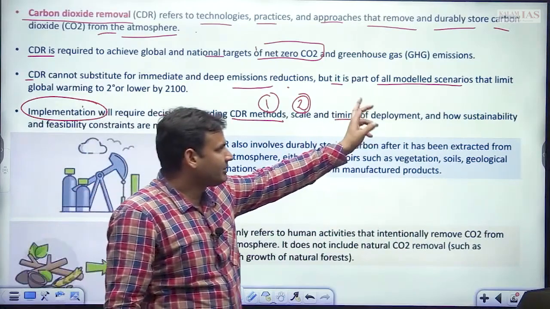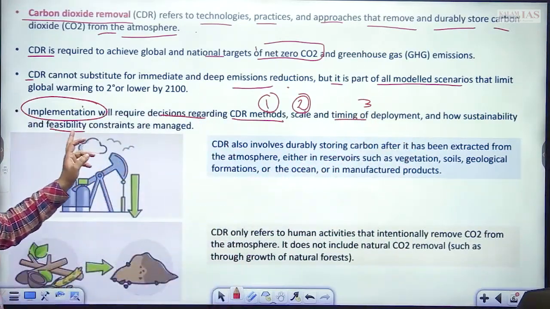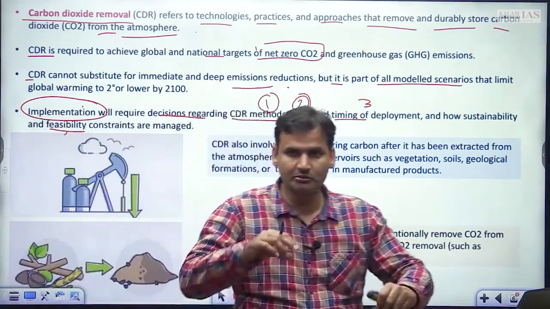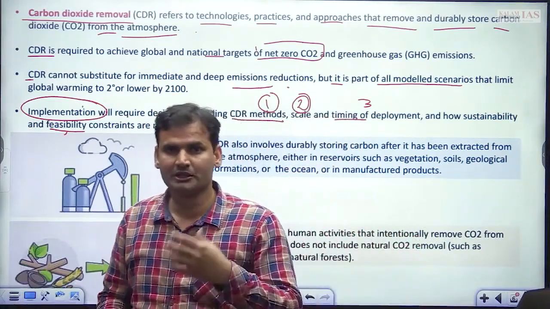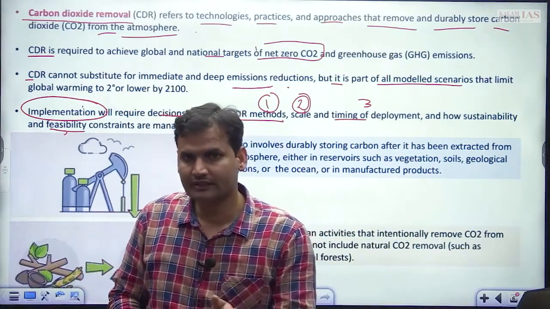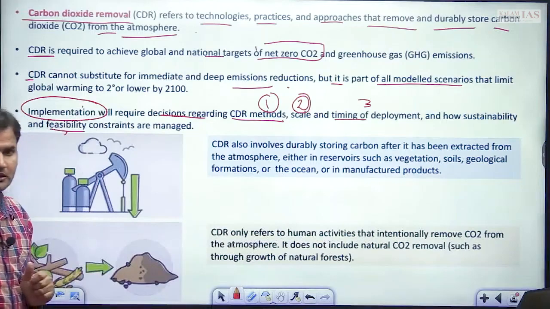What would be the timing of the deployment, and how can sustainability and feasibility constraints be managed? Any technology has to first be experimented on a pilot basis. It has to be approved. It should have some legal backing as well. So all of these things have to be kept in mind.